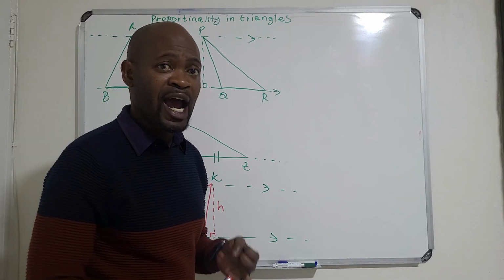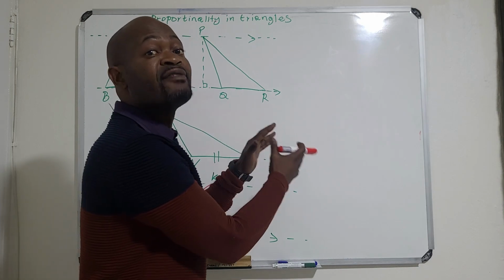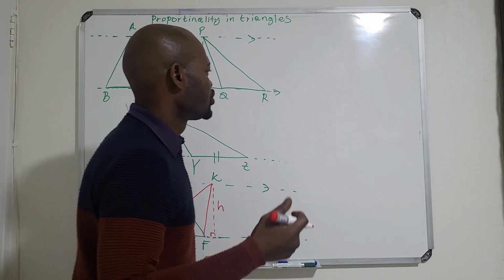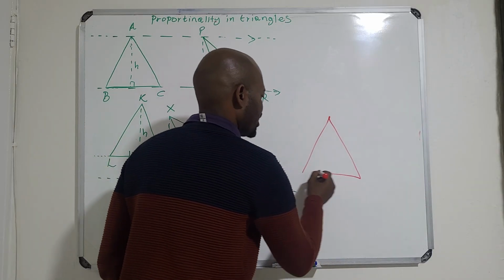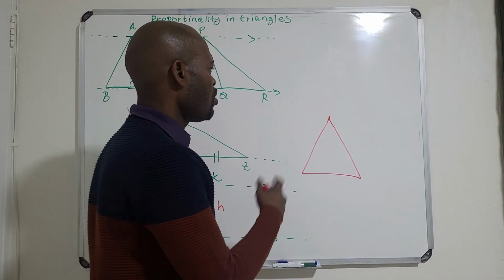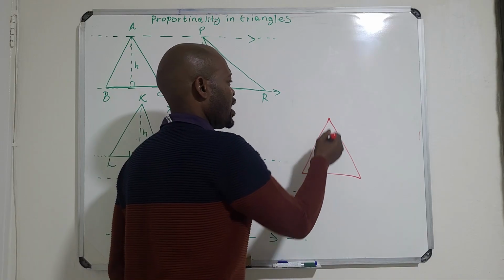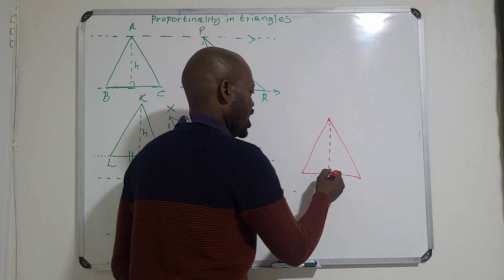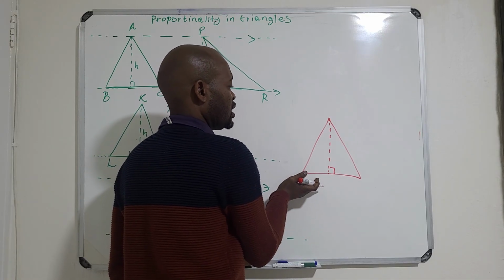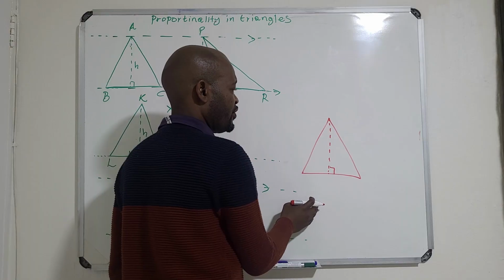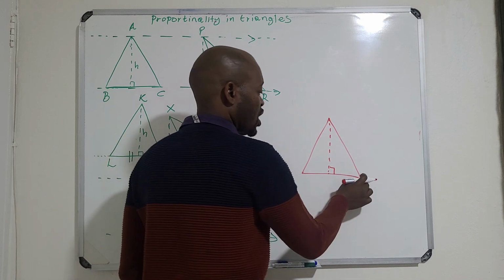If I have the height as I've constructed, which is perpendicular to the base, therefore I can find the area of this triangle, because I have the height, I also have the base.